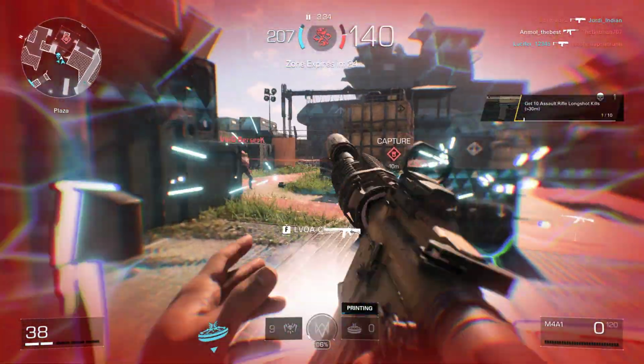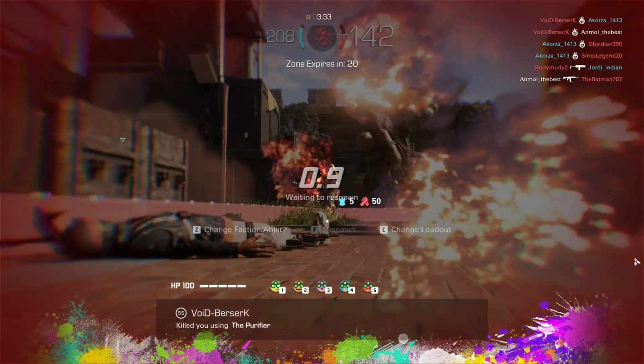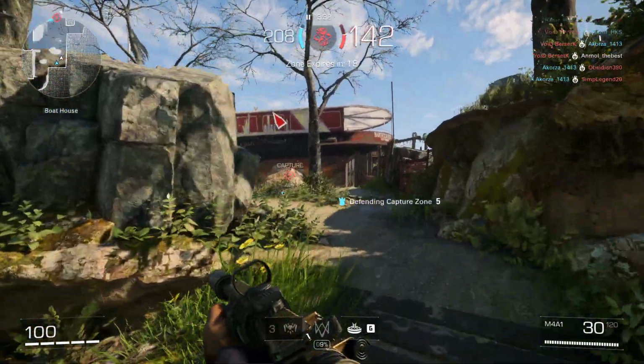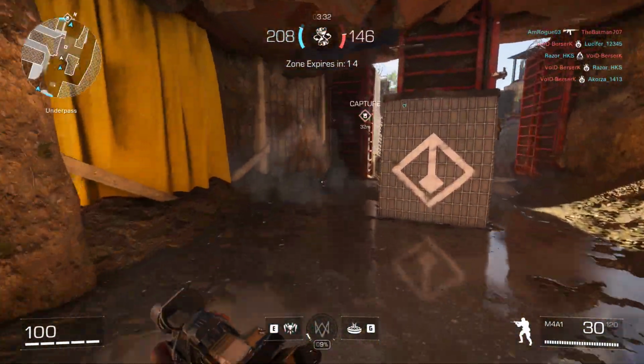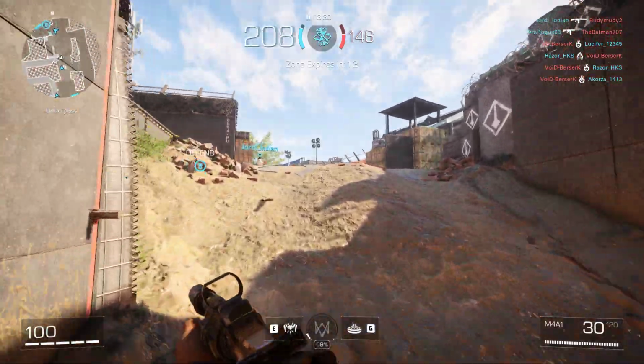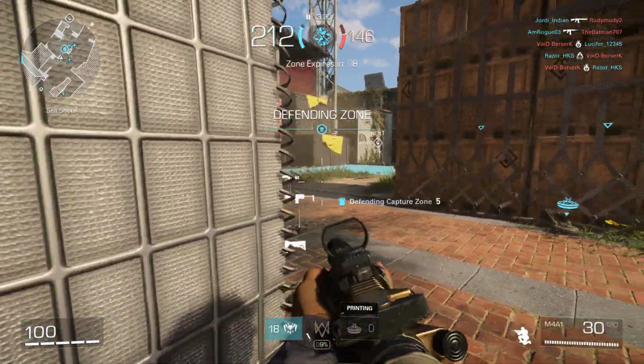Barrier up. Capture zone at risk. Go get some! Capture zone relocated.